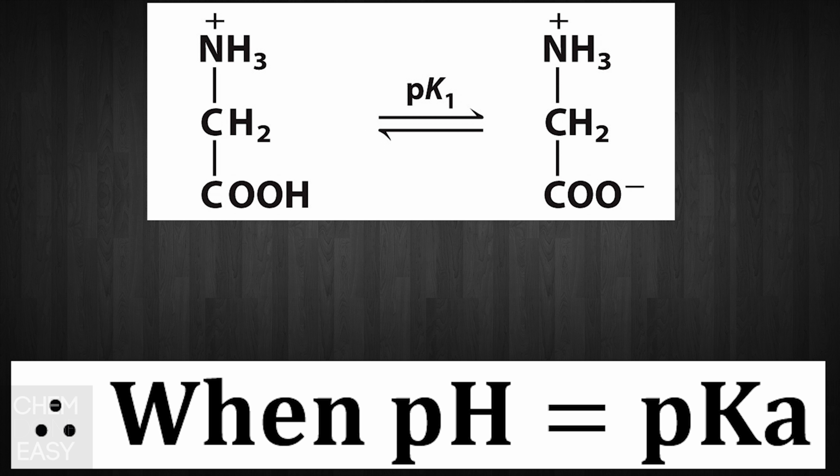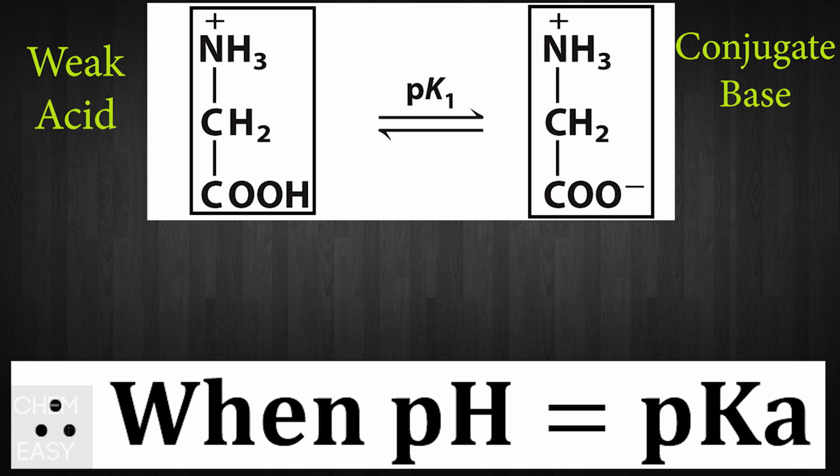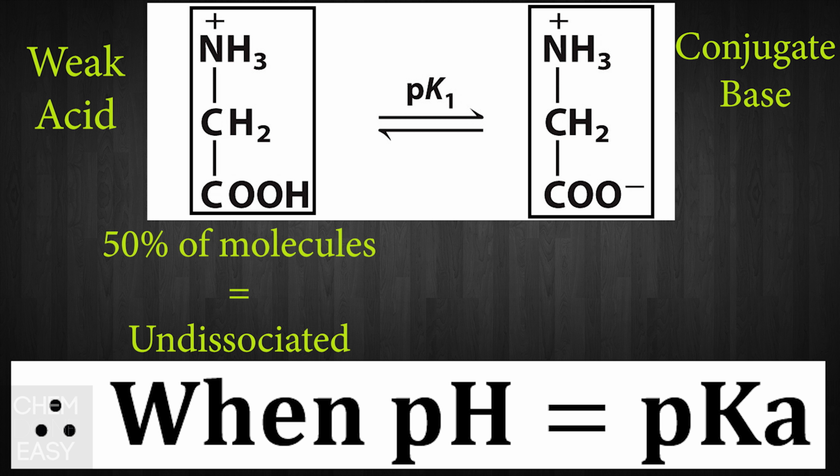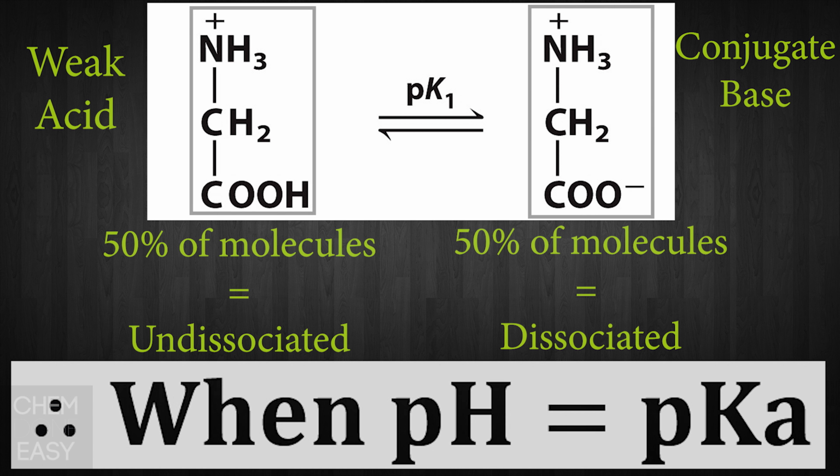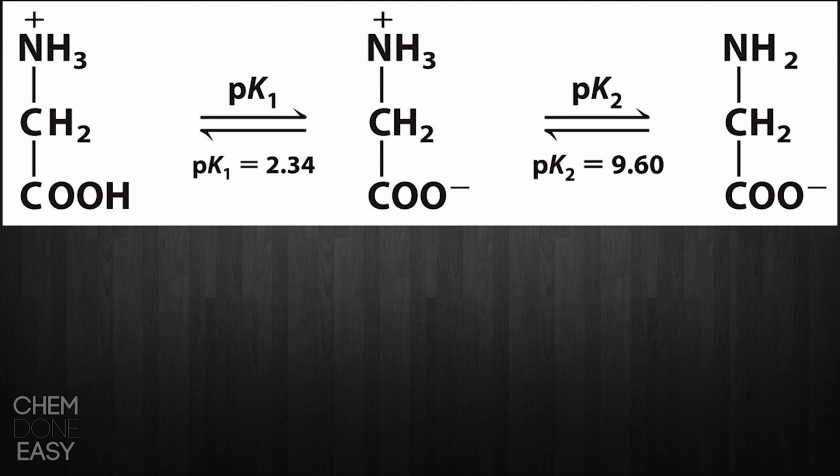Therefore, the pKa value will tell us at what pH level we will have a 50-50 split of our weak acid in its undissociated state and its dissociated state. So let us come back now to our glycine molecule.